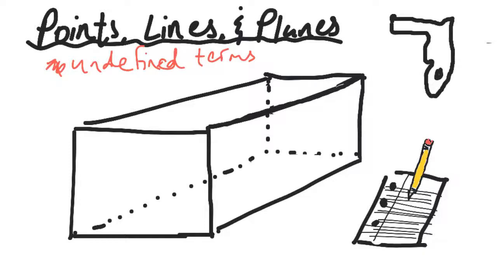That was perfect because those dots do exactly what a point does. It represents a location. So I'm going to put a little dot here for Plant City, Florida, and that point represents the location of Plant City.